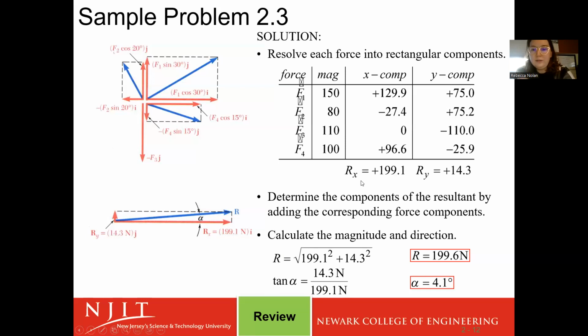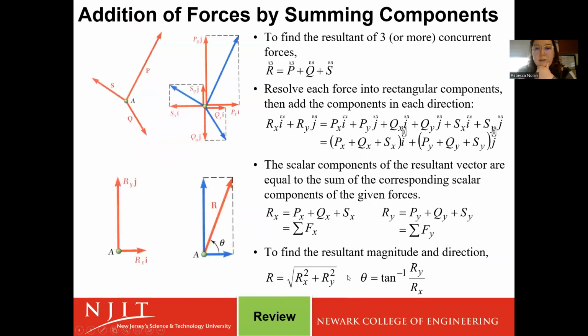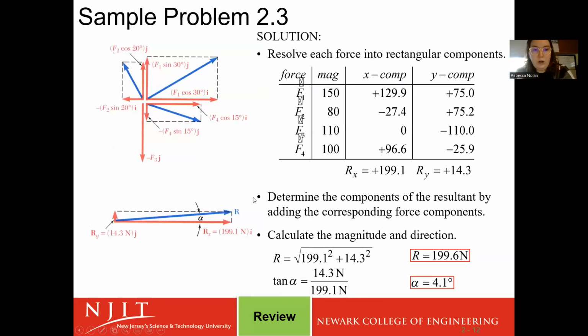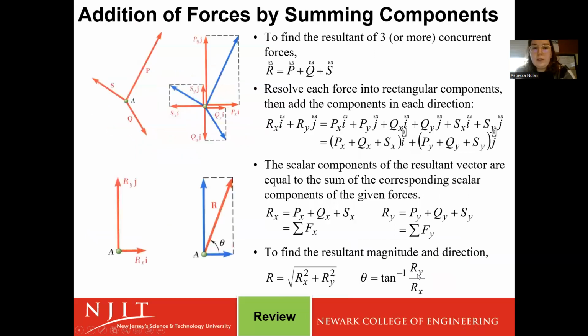C is our R, A and B are our X and our Y. Be cautious with this tangent equation, because in this case, where our resultant force is in the first quadrant with a positive X value and a positive Y value, this works fine. We put in our numbers and it gives us an angle. It is going to give you the first quadrant angle. I don't know if that makes sense.